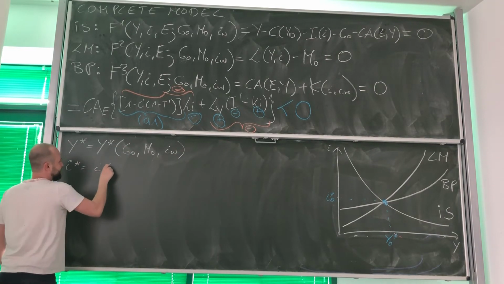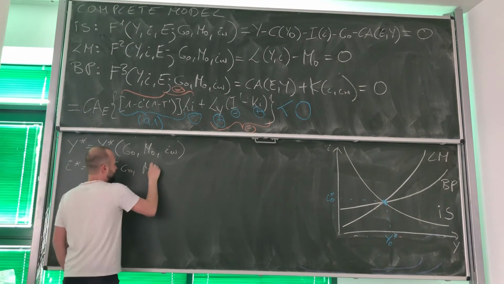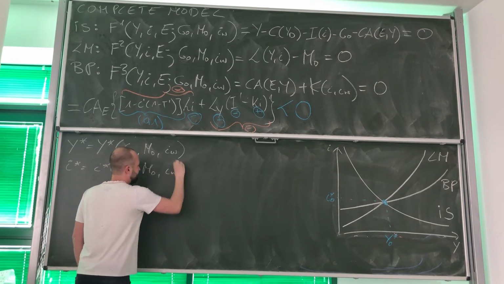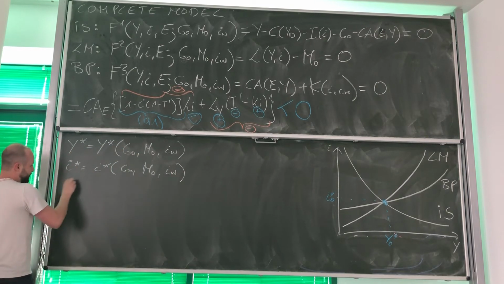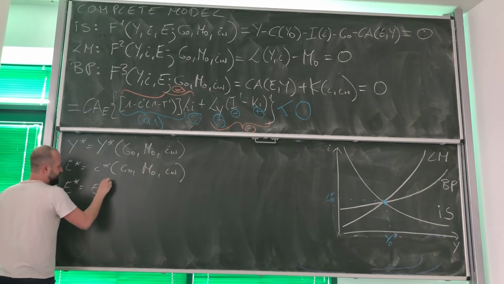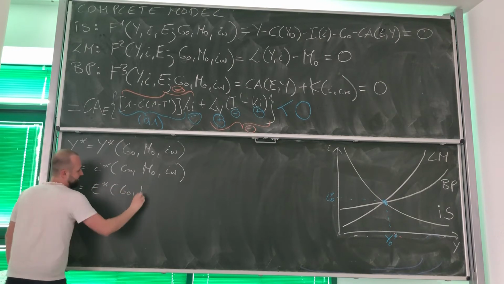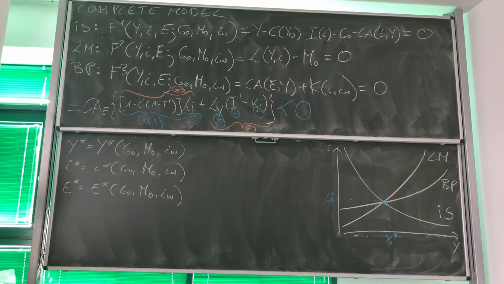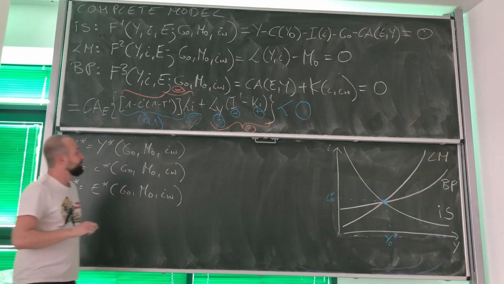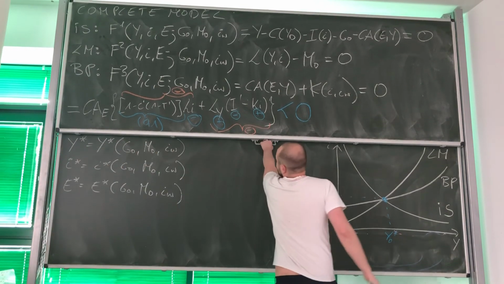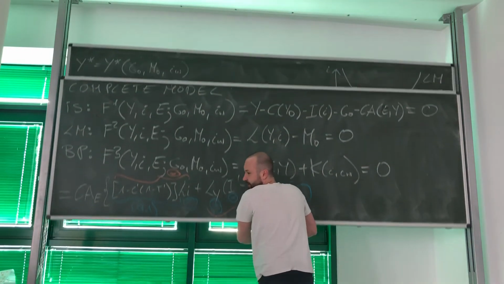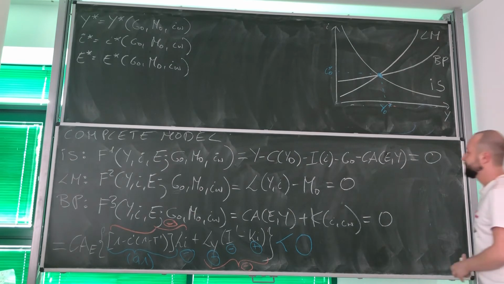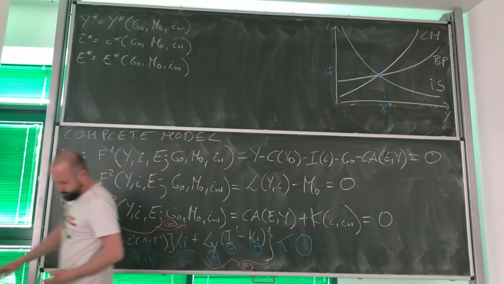Equilibrium interest rate as a function of government spending, money supply, and world interest rate. And finally, equilibrium exchange rate as a function of government spending, money supply, and world interest rate. Right? But look, this is actually also allowing us to proceed to the next step.